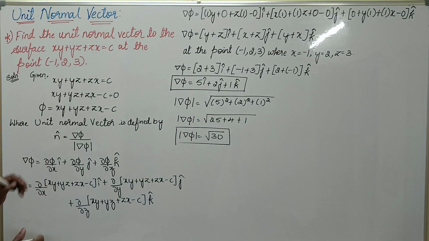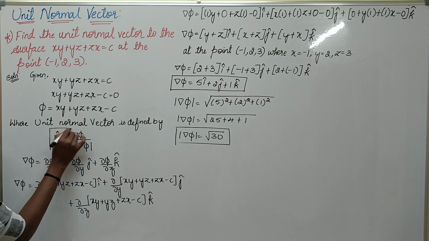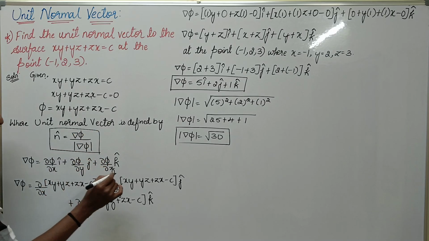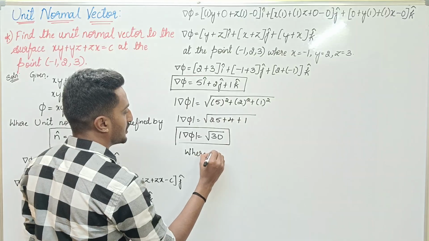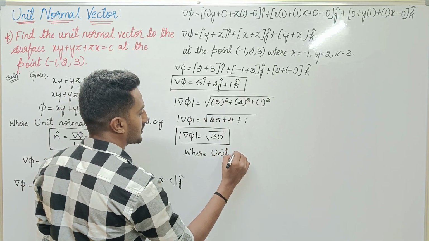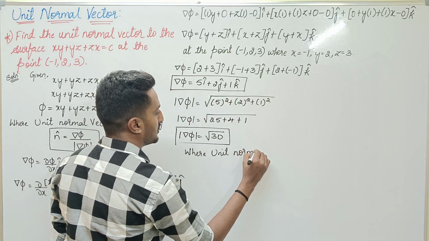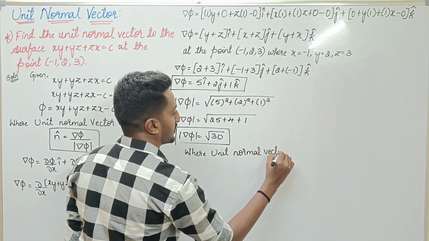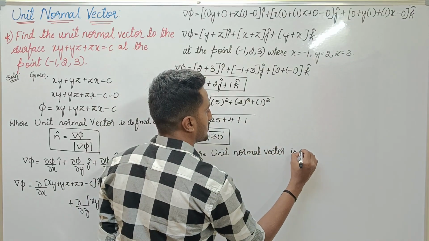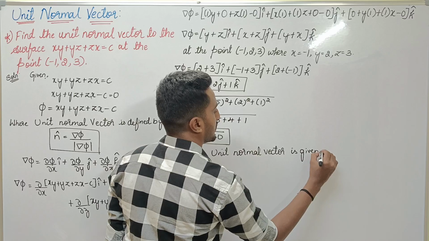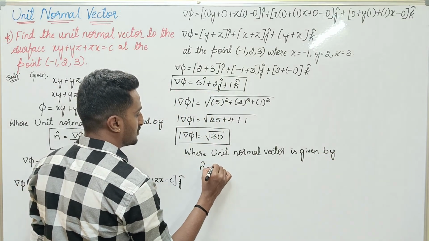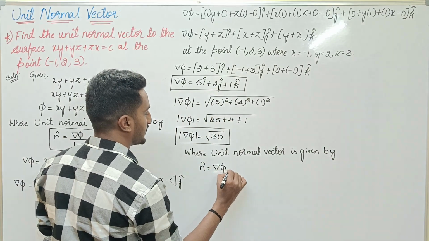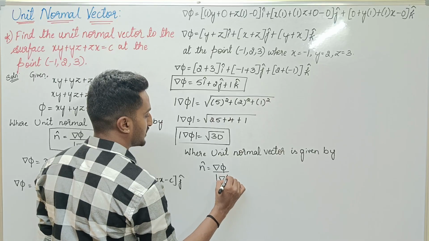We have defined the unit normal vector as n cap, which is equal to gradient phi divided by modulus of gradient phi.